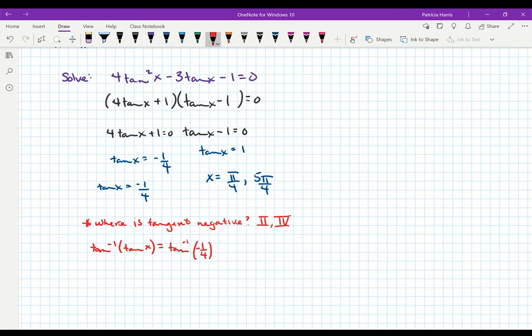Negative 1/4. Okay, so I get negative 0.24497. So with rounding, x is equal to negative 0.245. Cool. Okay, so this is a negative angle. Okay, so this one is in quadrant 4.